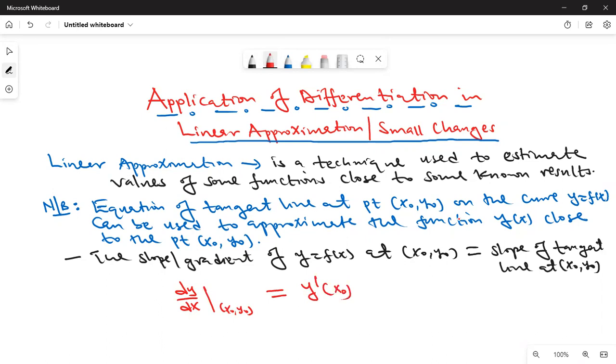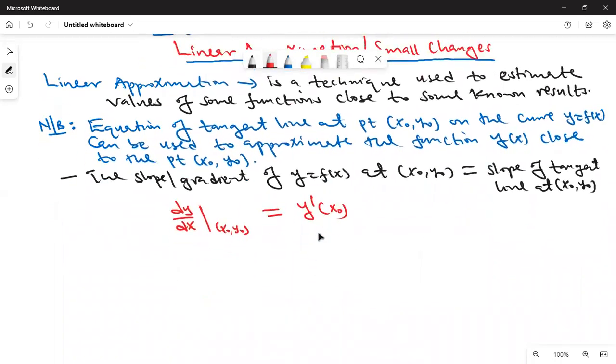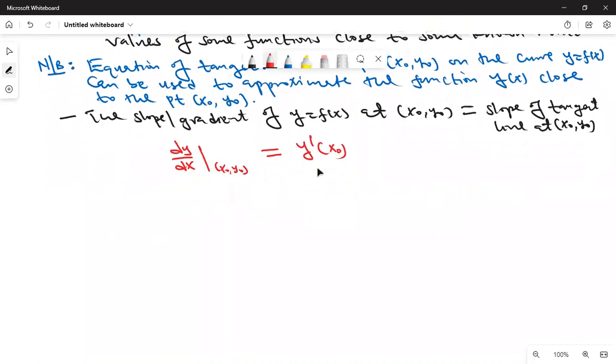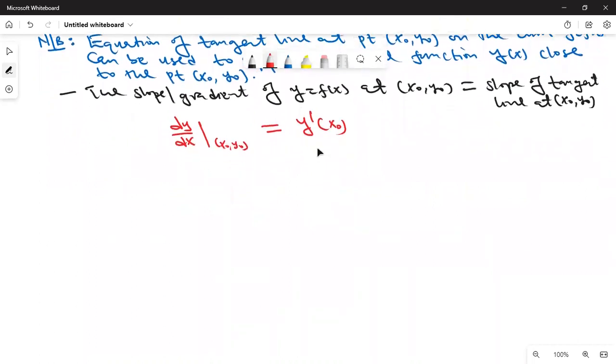So if you know the gradient of the tangent line at a point, are you able to find the equation of that tangent line? So now, equation of the tangent line. You know, for you to find the equation of a tangent line, let's say the line is this.